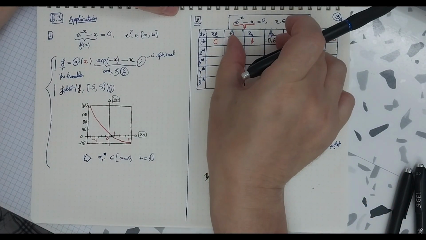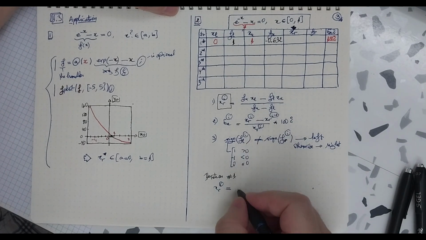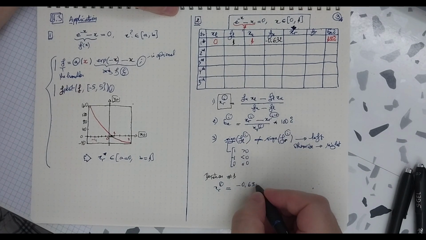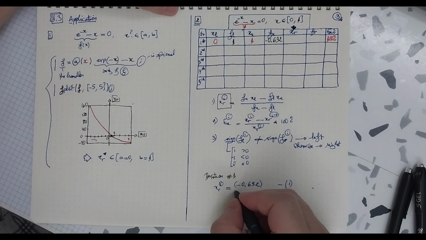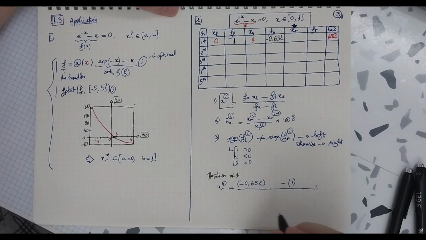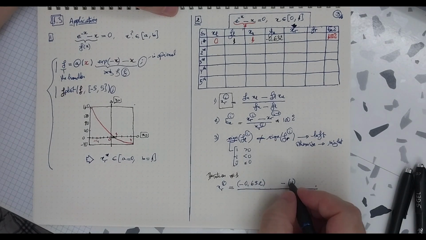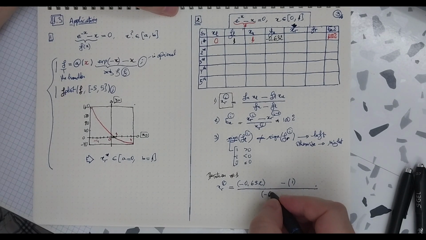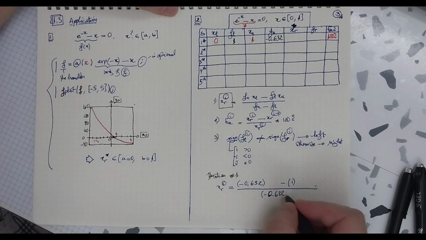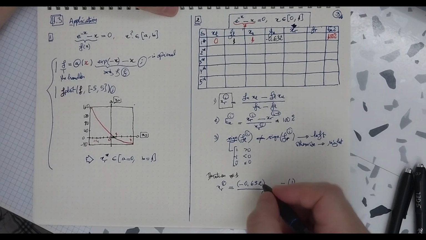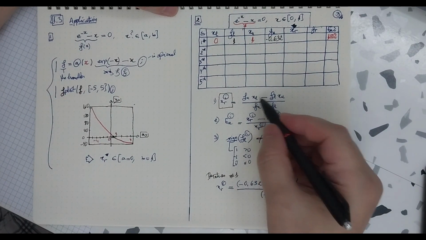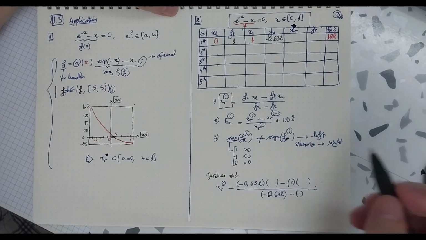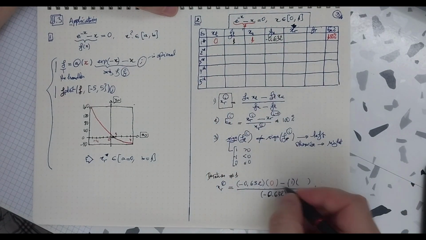So I take these two numbers and put them here: -0.632, leave a space here, and 1. Leave another space for the x's, and then repeat exactly the same: -0.632, -1. And here I will put the x. So the x, L, and U. They go in that direction, 0 and 1.